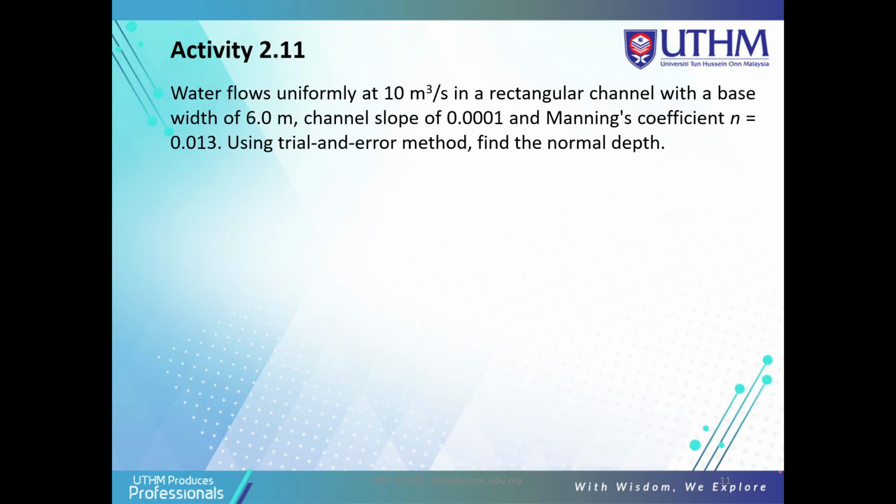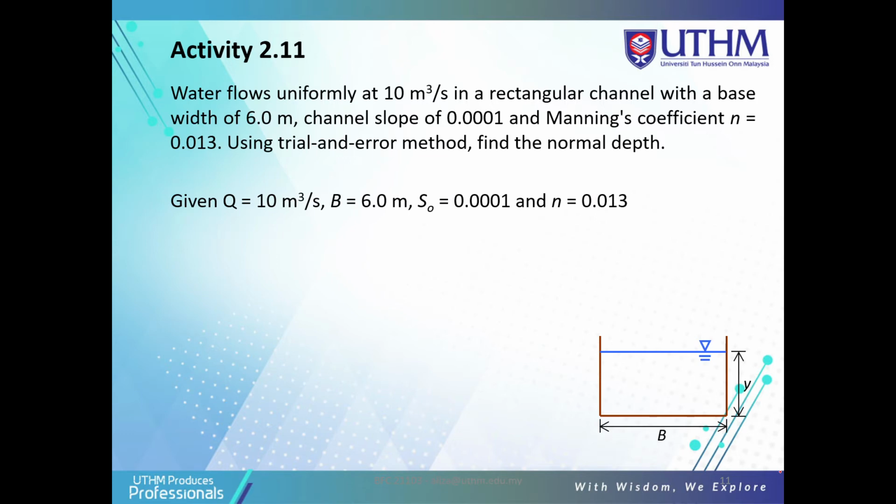So activity 2.11, you see using also the trial and error method, find the normal depth. So this is to find the normal depth. First step, you must know the area. Second step, you must know the perimeter, and third step, you must know the R. To find the normal depth or bottom width, you must have Q, b, s naught, and n, to use the Manning equation section factor.